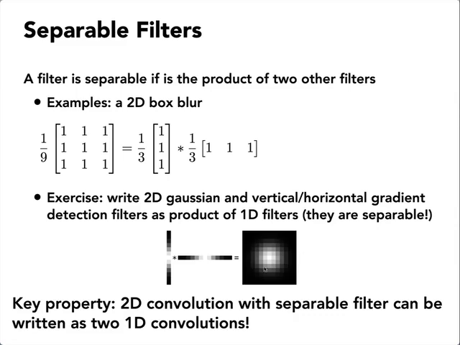It turns out the 2D Gaussian case that I showed you earlier can also be represented by two 1D Gaussians taken sequentially. So this 2D Gaussian filter is a separable filter in the same sense. So a key property is that 2D convolution with a separable filter can be written as two 1D convolutions mathematically exactly.